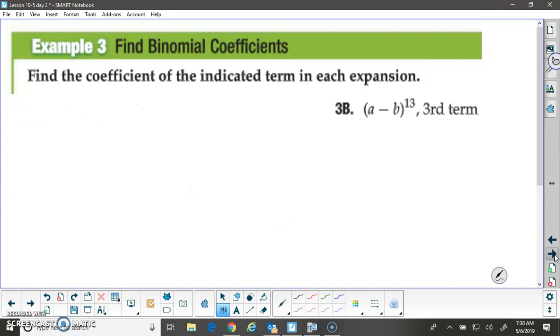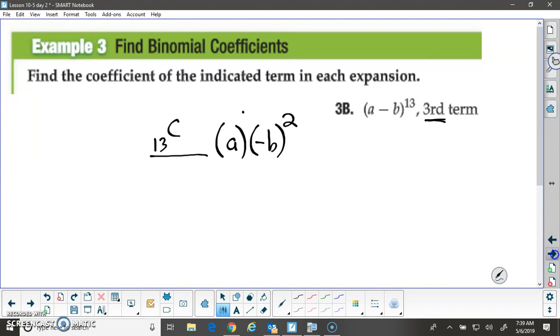Here's another one. This time we're finding the third term of a minus b to the 13th. So my number from Pascal's triangle would be a 13 NCR something. We're going to have an a raised to something and a negative b raised to something. My back exponent is always 1 less than this, so that would be 2.